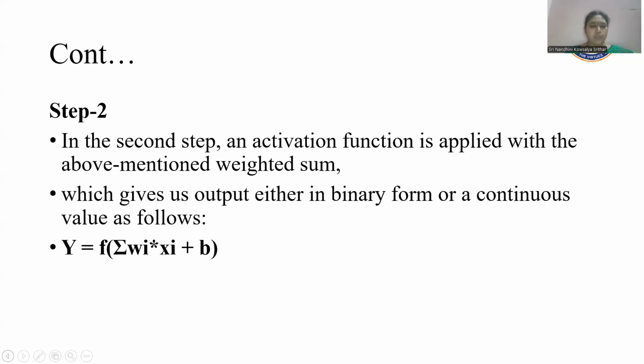So the output may be binary, that is 0 or 1, or continuous values from a minimum of 0 to a maximum of 1, or else we use the sign function, which ranges from -1 to 1. So within the limit we can get the values, or else binary form. Binary means 0 or 1.